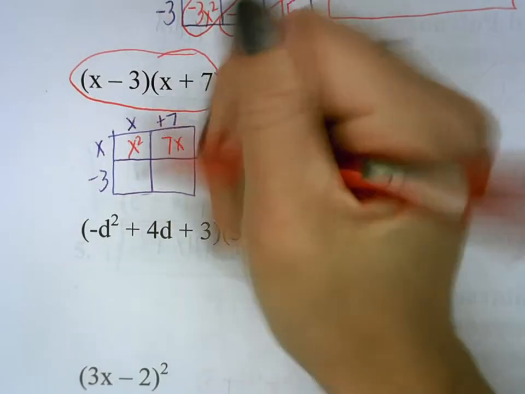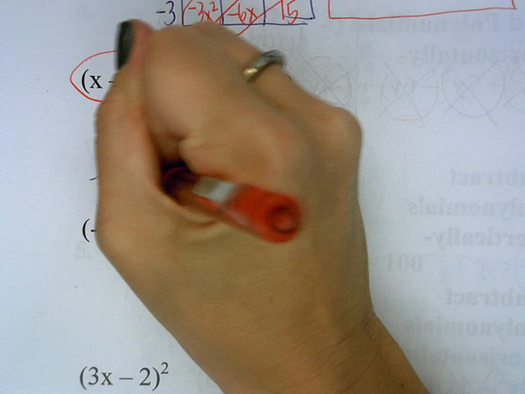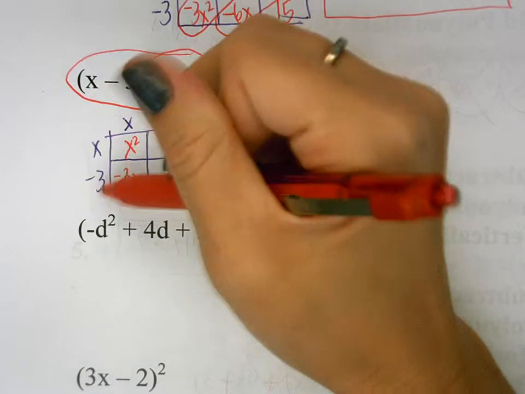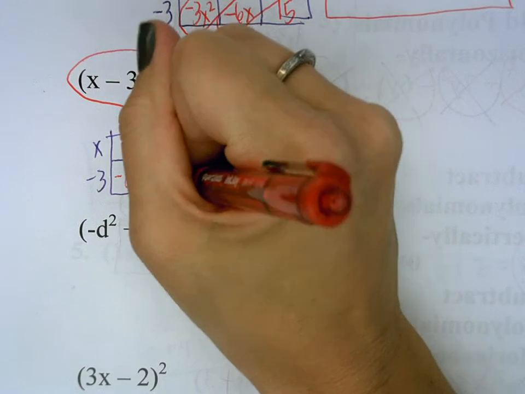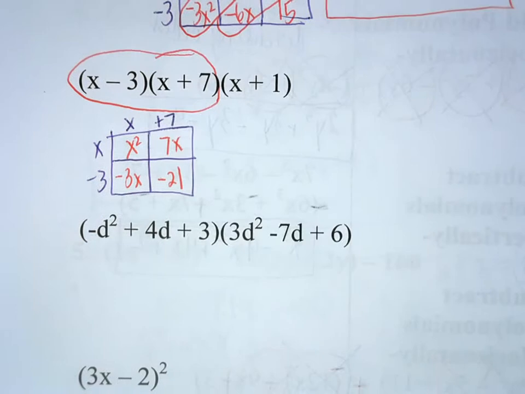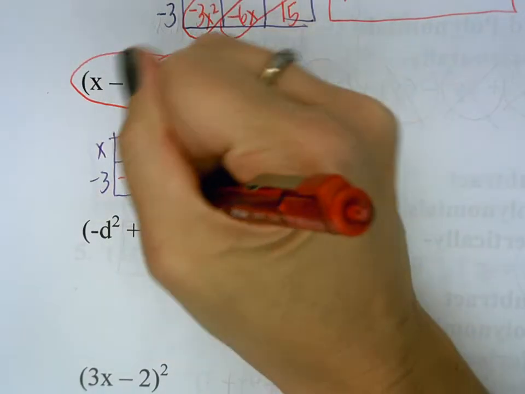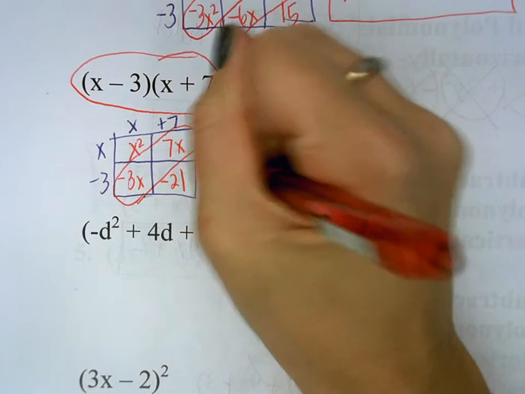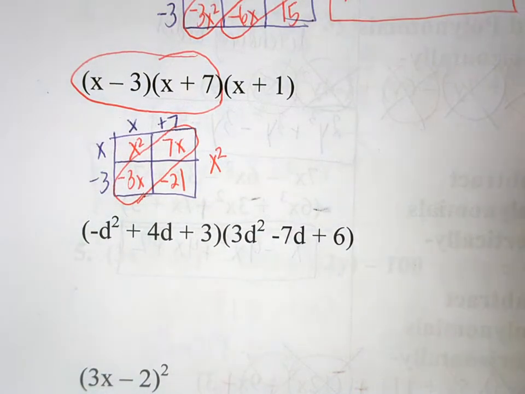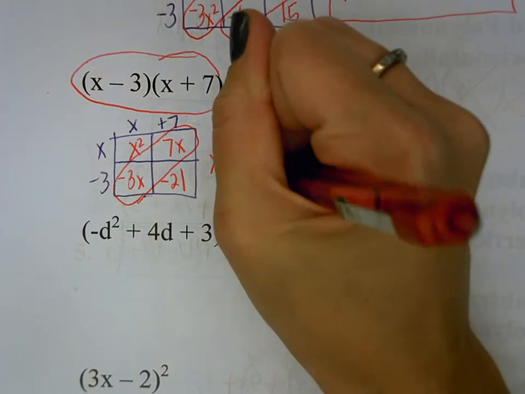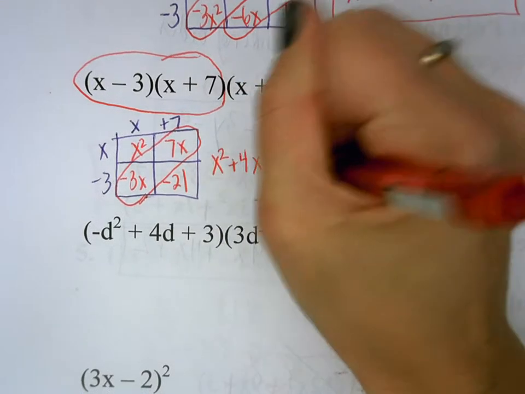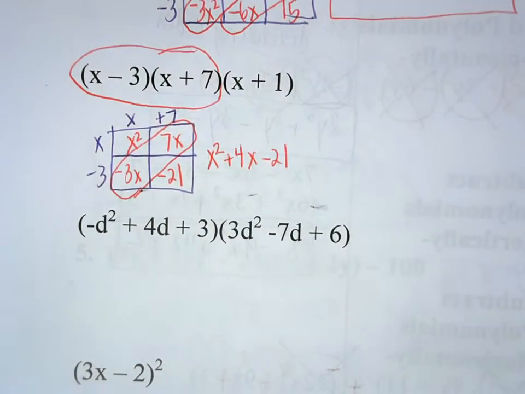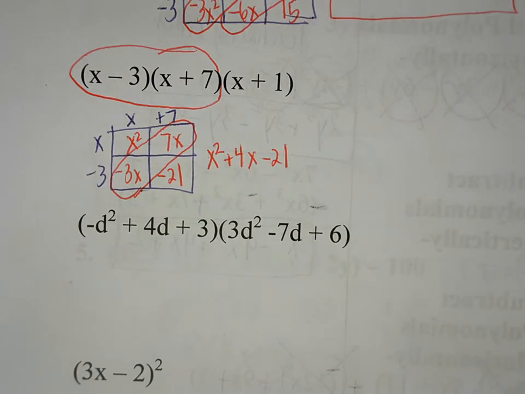Negative 3 times x is negative 3x. And negative 3 times 7 is negative 21. Then we can combine our like terms that are in our diagonals. And we get x squared, and negative 3 and positive 7 makes positive 4x, minus 21.